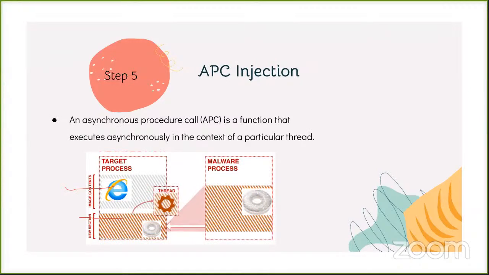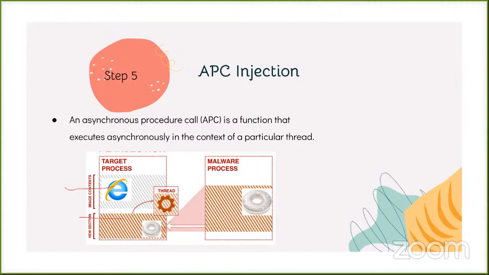So let me discuss APC injection. We need to know what APC is, or asynchronous procedure call. It's a function that executes asynchronously, or independently, in the context of a particular thread.